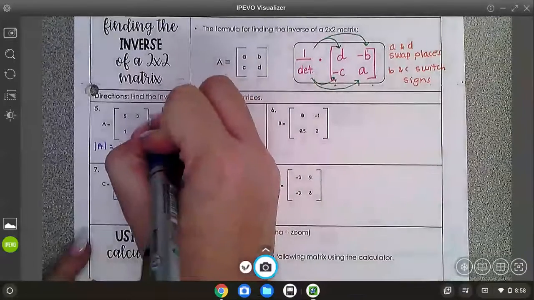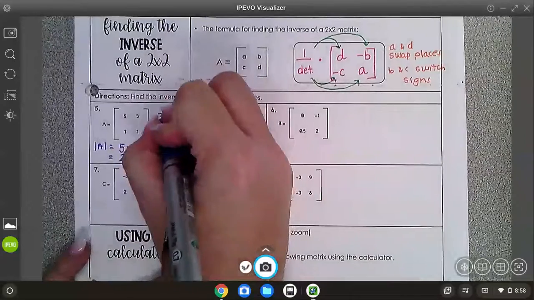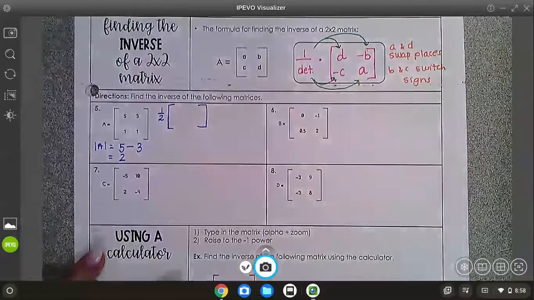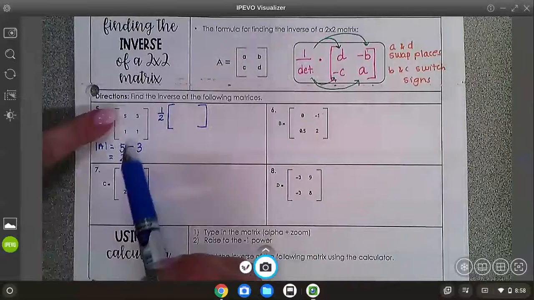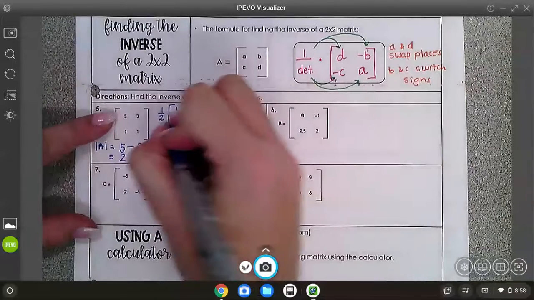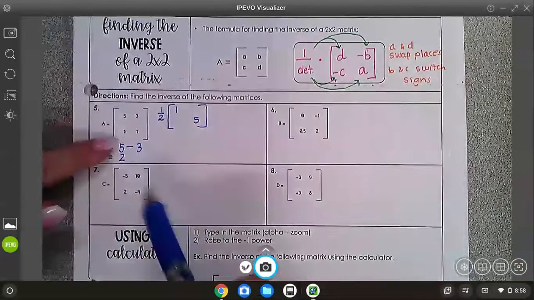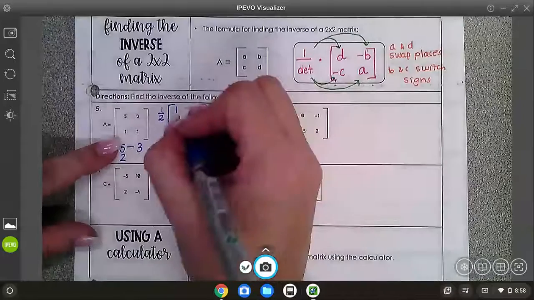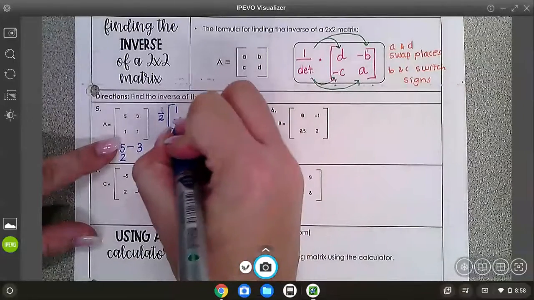So we've got 1 over 2, or 1/2, times some matrix. So this 1 and 5 are going to swap places. The 3 and 1 are going to switch signs. So it becomes -3, -1.